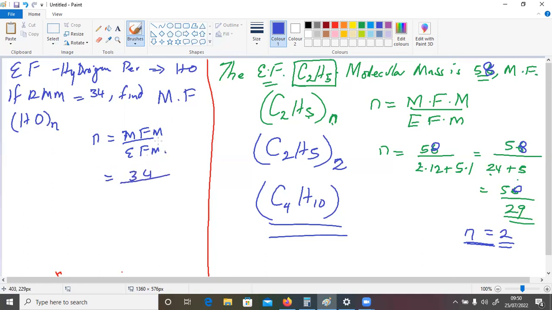Divide by the empirical formula mass. The empirical formula mass we'll get from here: H is 1 plus oxygen 16. So 1 hydrogen plus 1 oxygen, hydrogen is 1, oxygen is 16. This is 34 over 17. 34 divided by 17 gives us again n is 2.